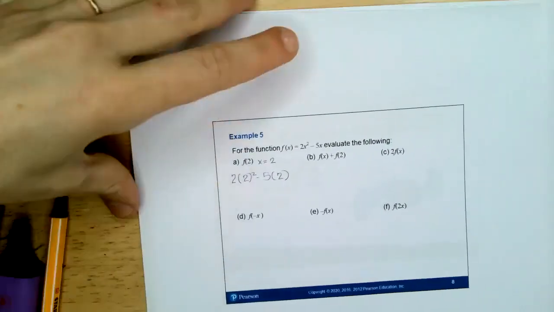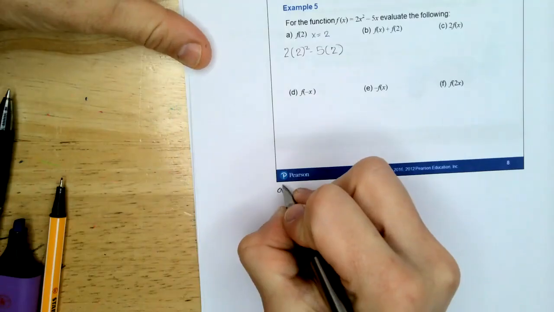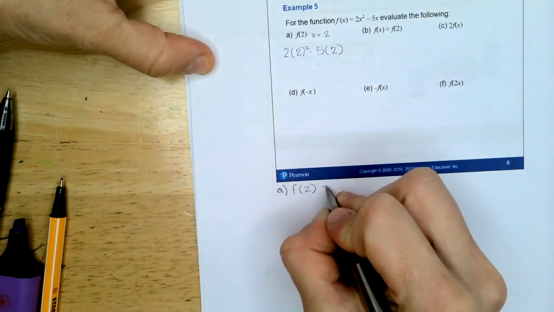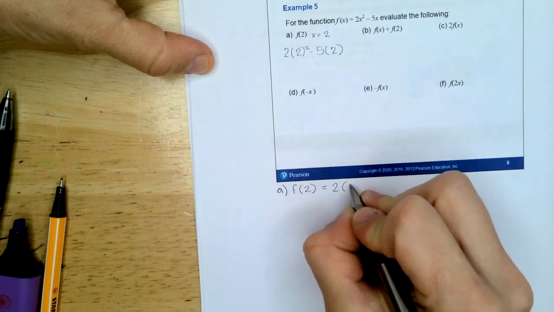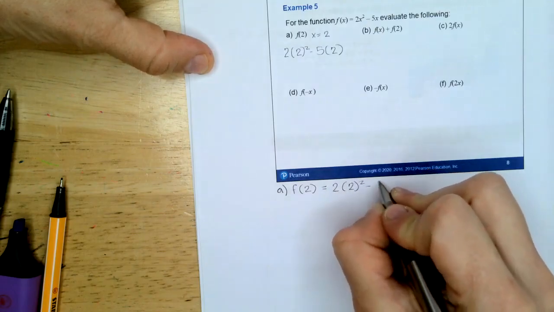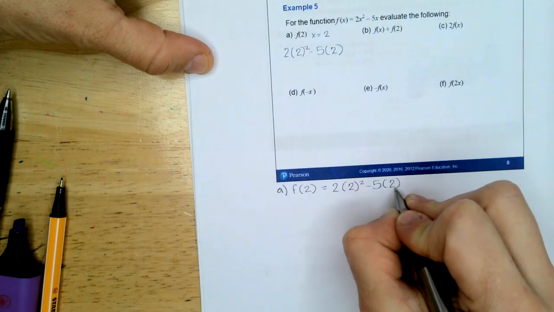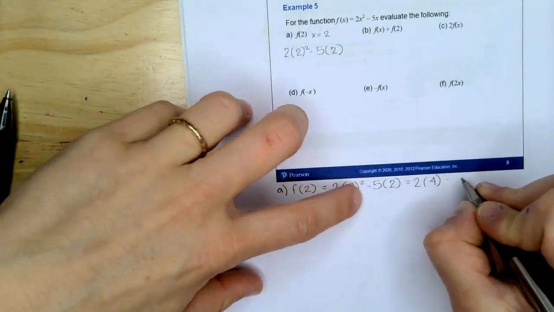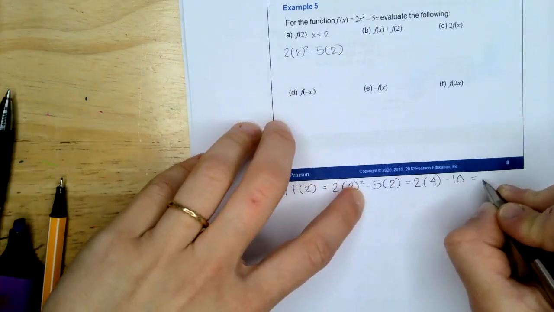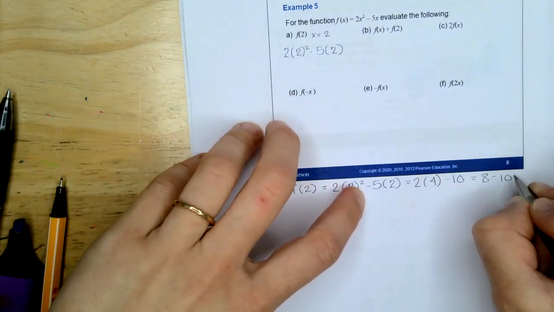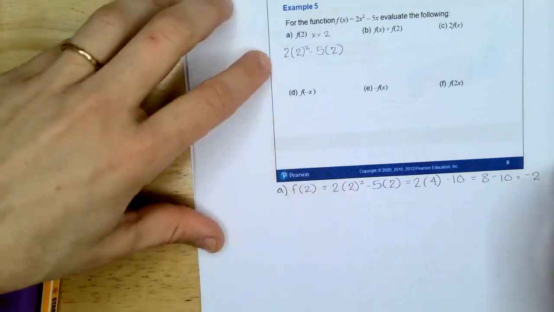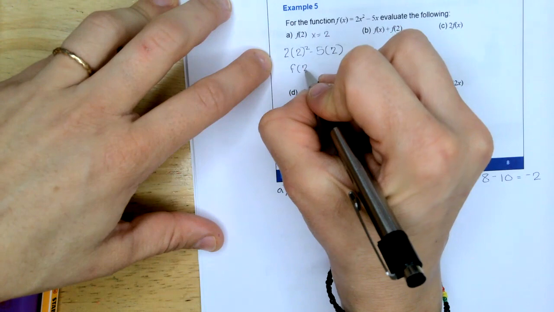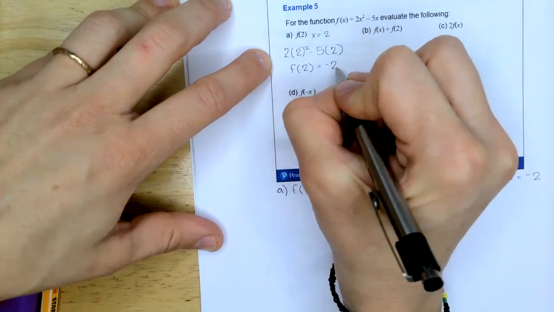So that's now 2 times 4 minus 5 times 2 is 10. So we have 8 minus 10, which is negative 2. So f of 2 is equal to negative 2.